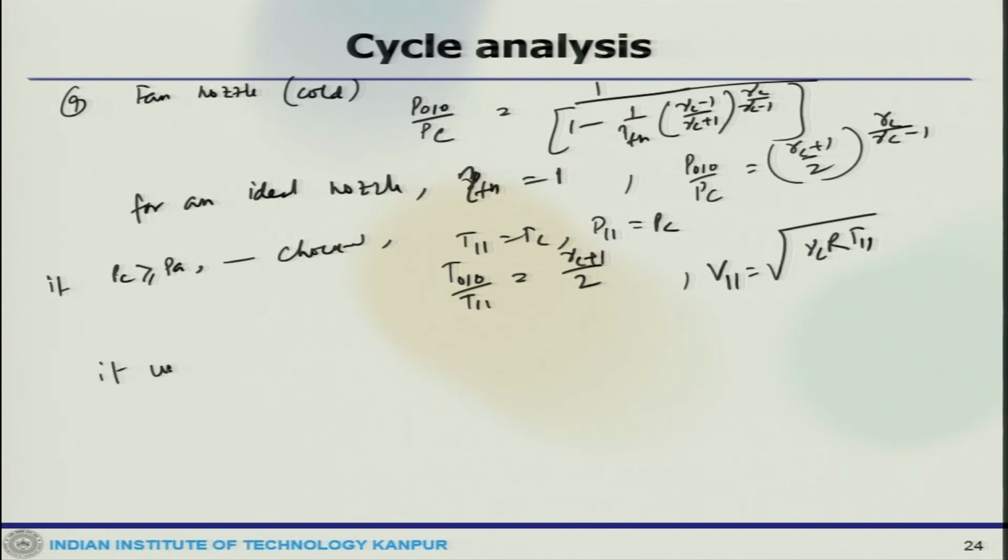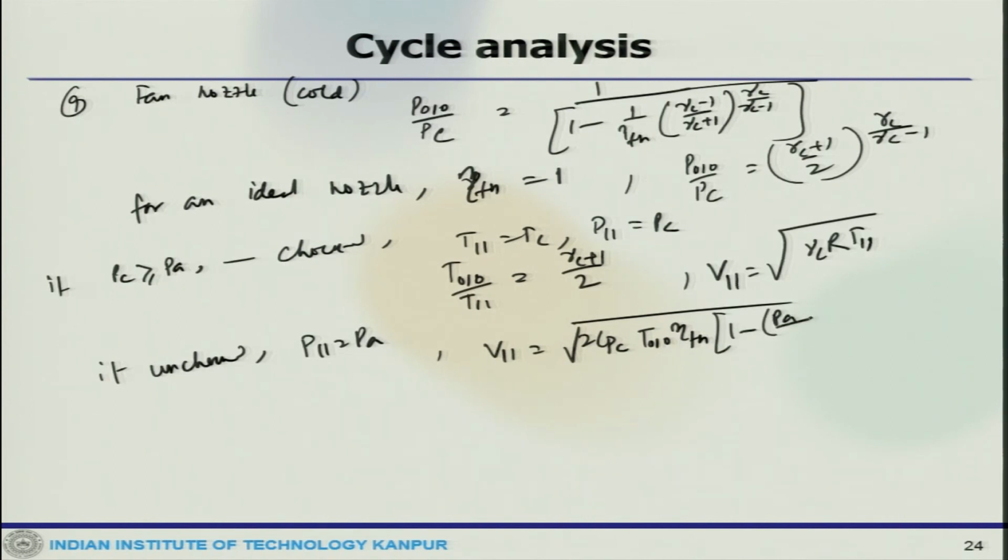If unchoked, then P11 would be Pa, and the exit velocity would be calculated as the square root of 2 Cp_c T naught 10 eta_fan nozzle (1 - (Pa/P naught 10) ^ ((gamma_c - 1)/gamma_c)), and P naught 10 by Pa is P naught 10 by P naught 2 times P naught 2 by Pa.